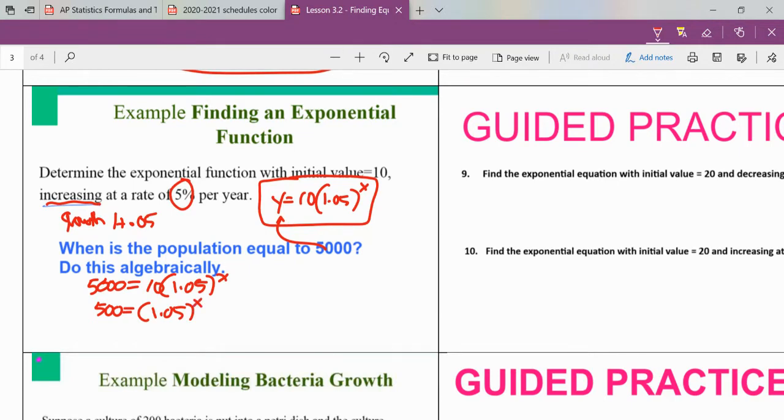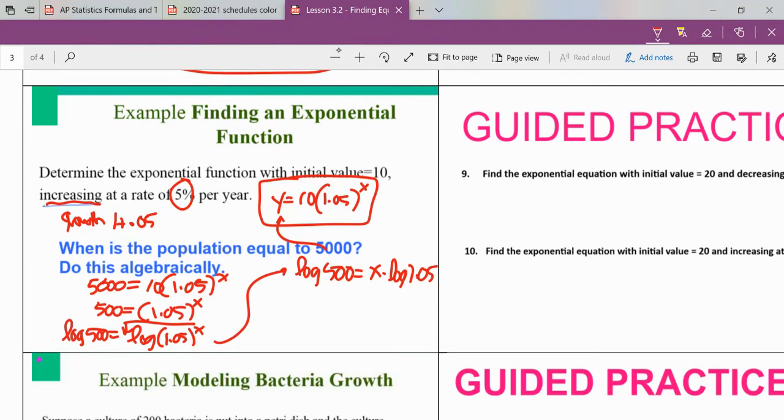And this is where the log properties come in. Because if we're solving for an x in the exponent, you should log both sides. So log of 500 equals log of 1.05 to the x. I can then bring that out front. And this would be log of 500 equals x times log of 1.05.